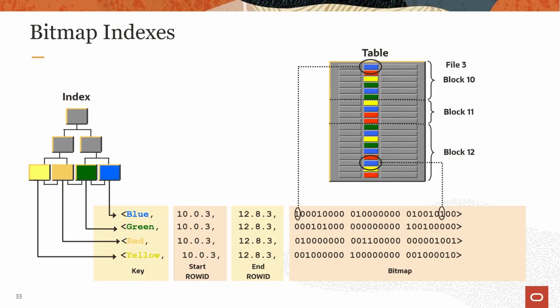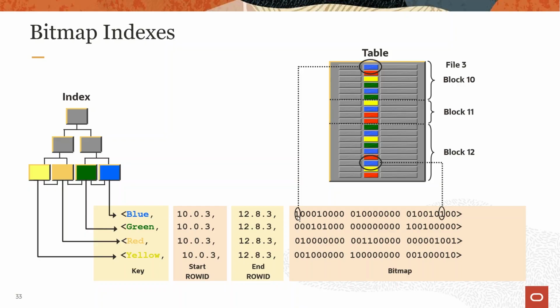In that bitmap index, it will also store the start and the end row ID that is theoretically possible inside the table. And then per key value, it's going to generate a bitmap. If a bit is set to 1, it means that it represents that particular row. So the first bit in the blue bitmap is set to 1.